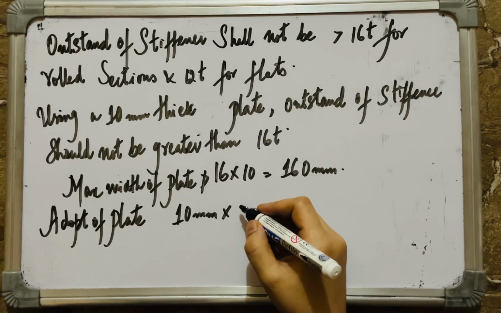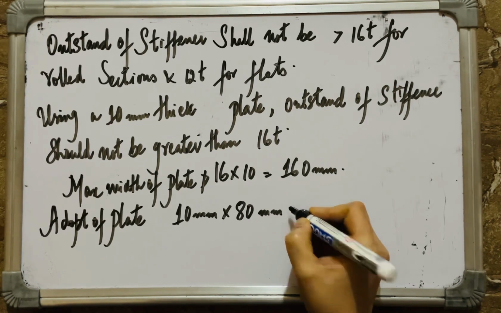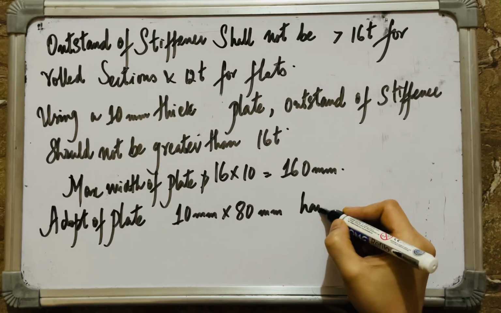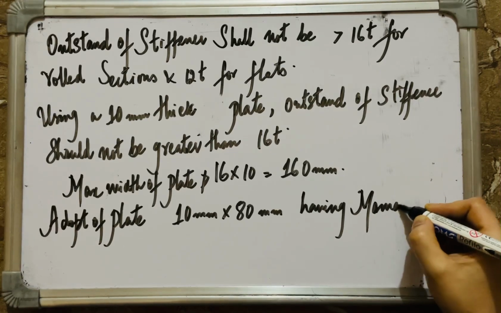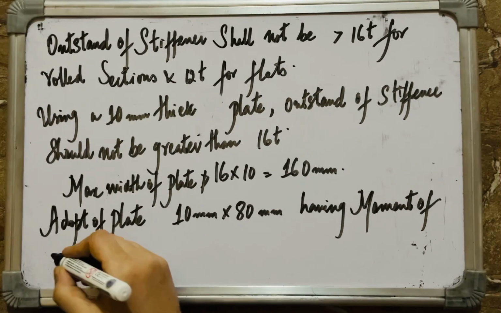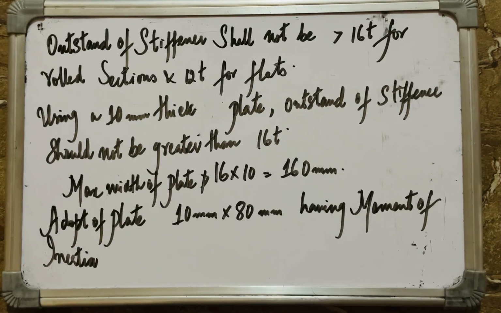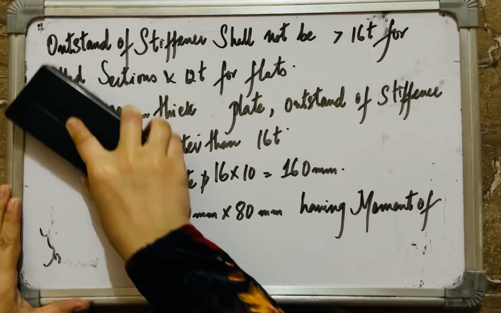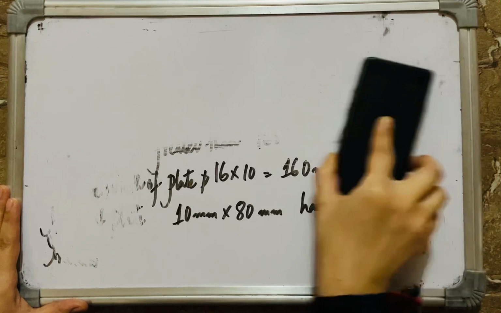Let's adopt a plate of 10 mm cross 80 mm. Now we have to calculate the moment of inertia of this plate. This is a rectangular plate. We have adopted a plate having 10 mm thickness and width as 80 mm. All right, now listen carefully. Before proceeding any further, let me tell you about the moment of inertia of the rectangle.